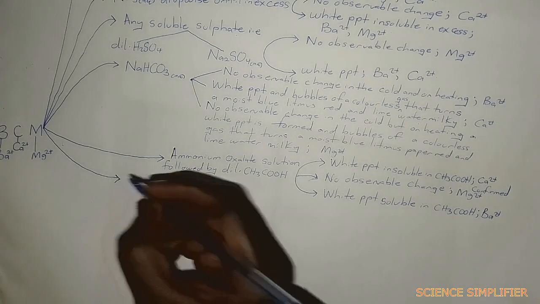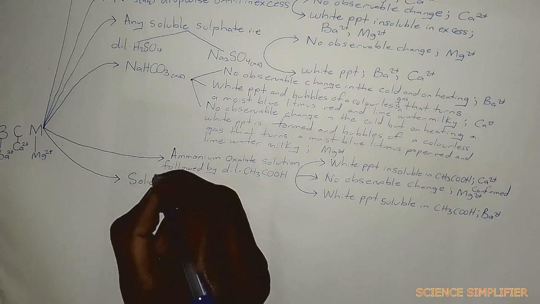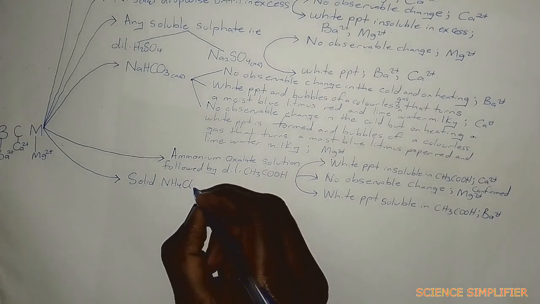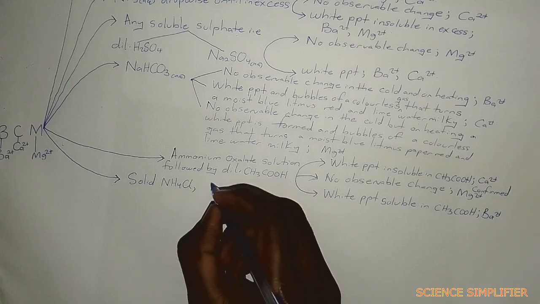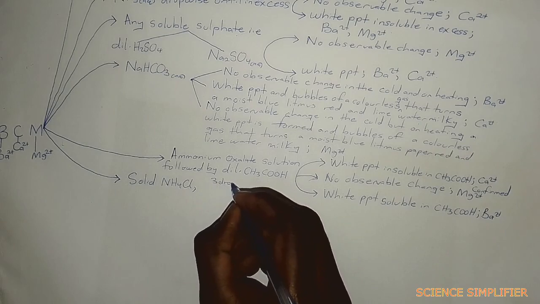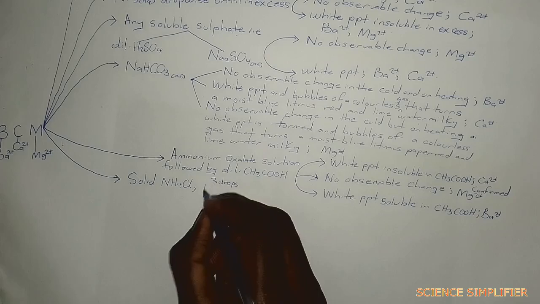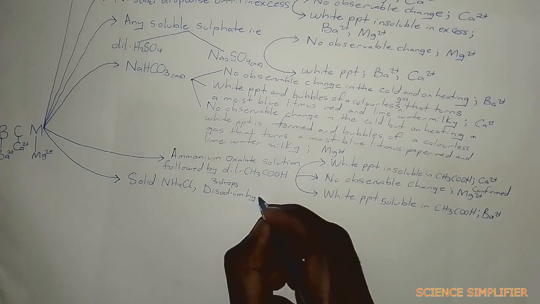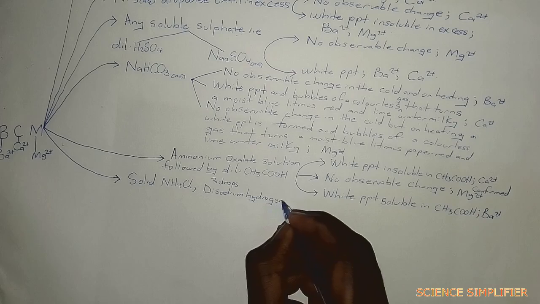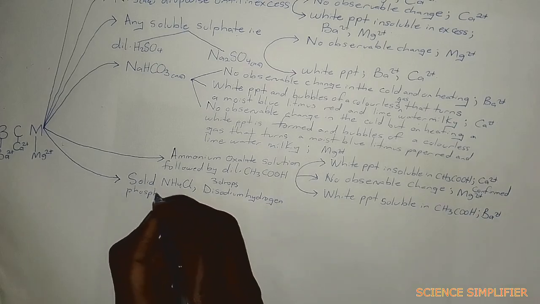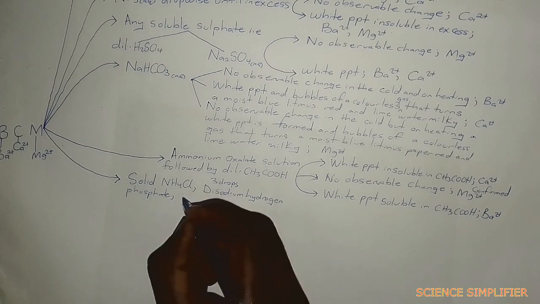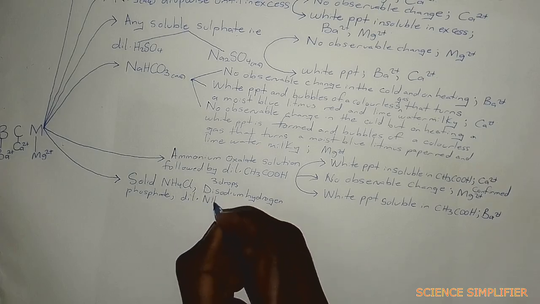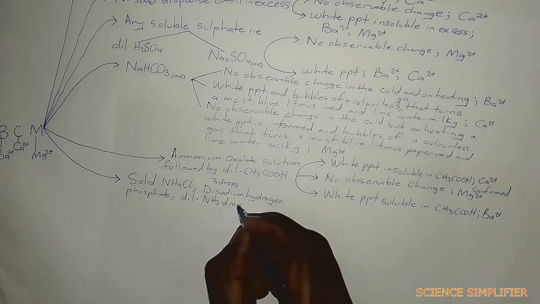Now here we can add solid ammonium chloride, followed by 3 drops of disodium hydrogen phosphate, followed by dilute ammonia dropwise until in excess.